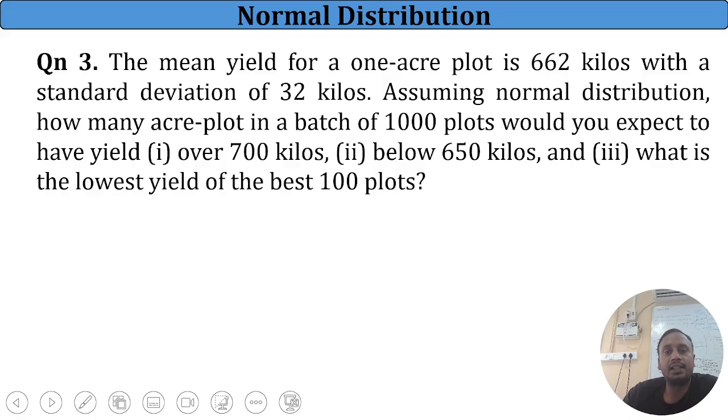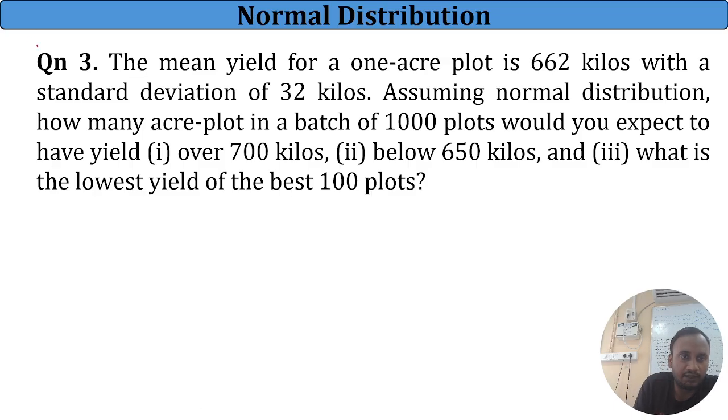The mean yield for a 1 acre plot is 662 kilos, which means they have given the value of mu as 662. Then the standard deviation is given as 32.